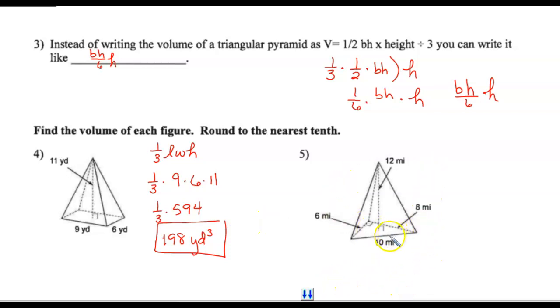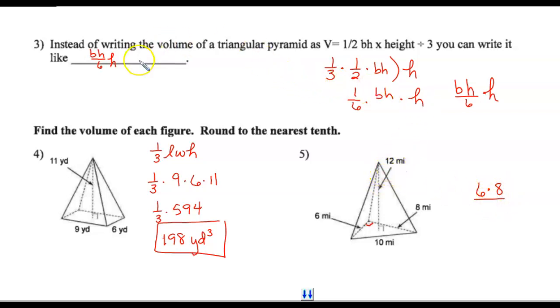When I look at this shape for number 5, I see that it's a triangular base, so this is a triangular pyramid. I also notice that there's a right angle here, and this is telling me that this is a right triangle. So this leg and this leg are my base and my height.